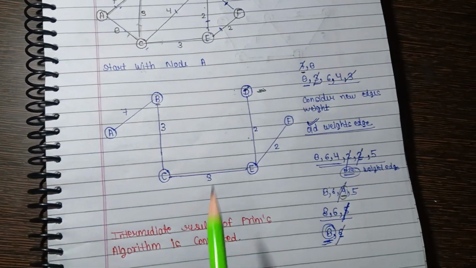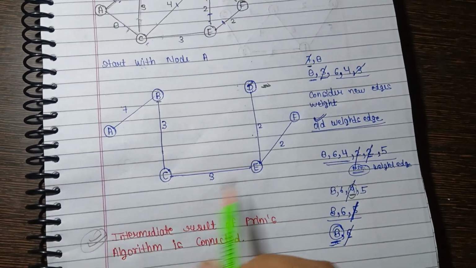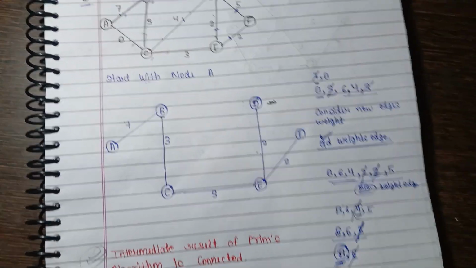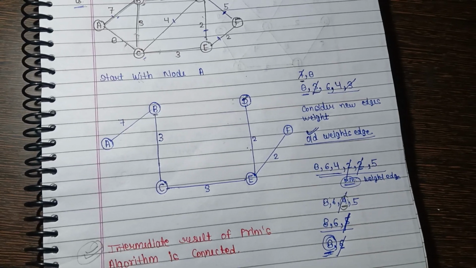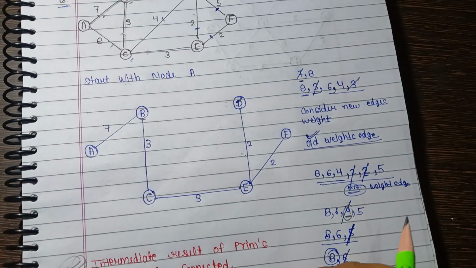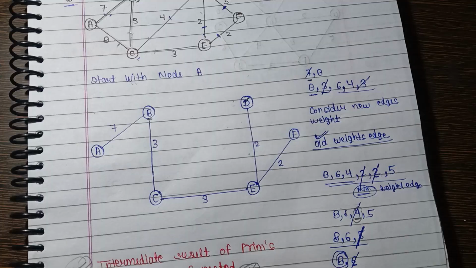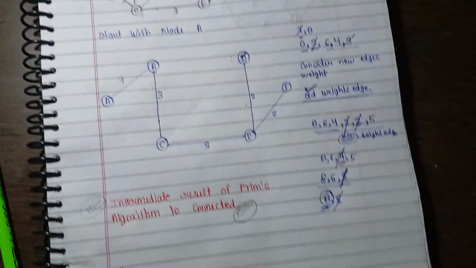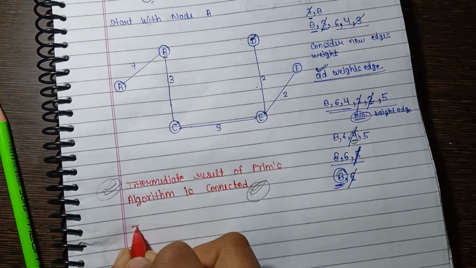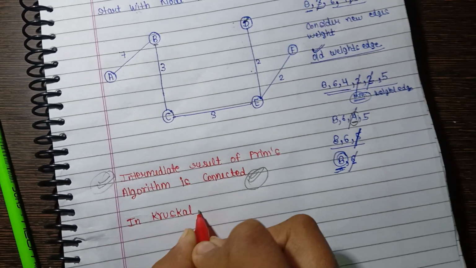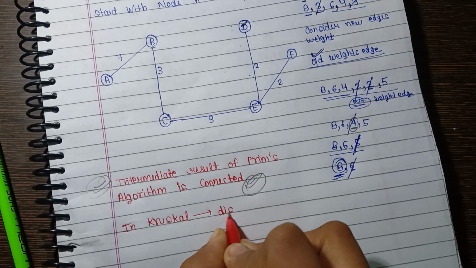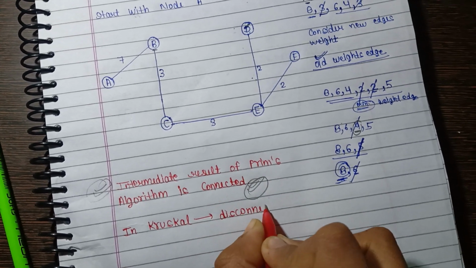Means when we check the in-between result as we form the MST, the MST is connected, while in Kruskal it is disconnected. In Kruskal, this is disconnected.